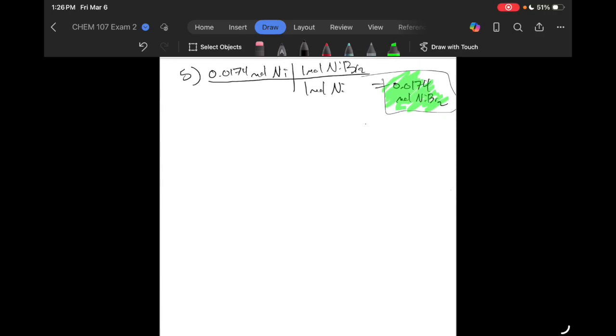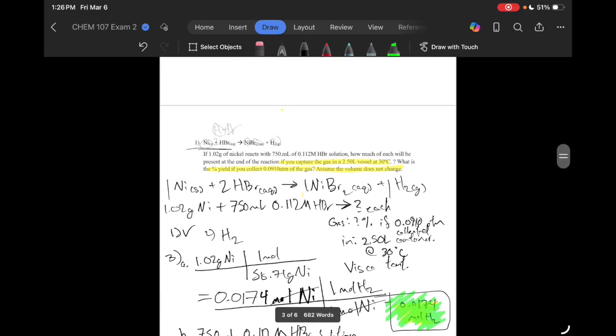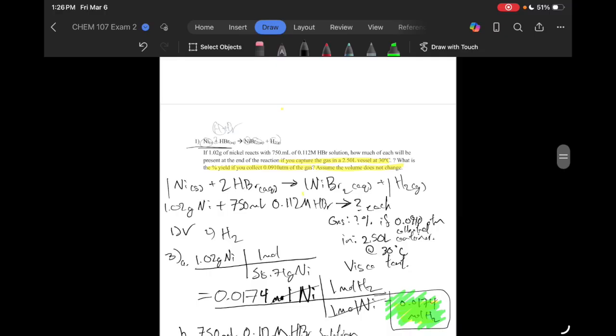So steps 6 and 7 are just going to be finding how much of the other reactant is going to be left over. Before we do any calculation, let's just think about this really quickly. Ni is our limiting reactant, meaning that once the reaction takes place, Ni is going to completely run out.